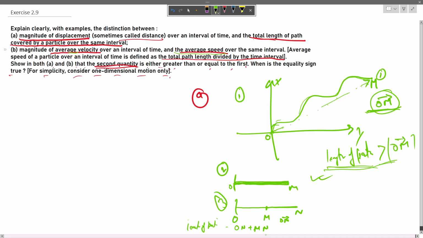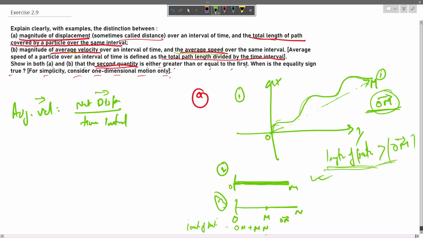When we consider the average velocity in case 1, average velocity is defined as net displacement divided by time interval. This is also a vector quantity.